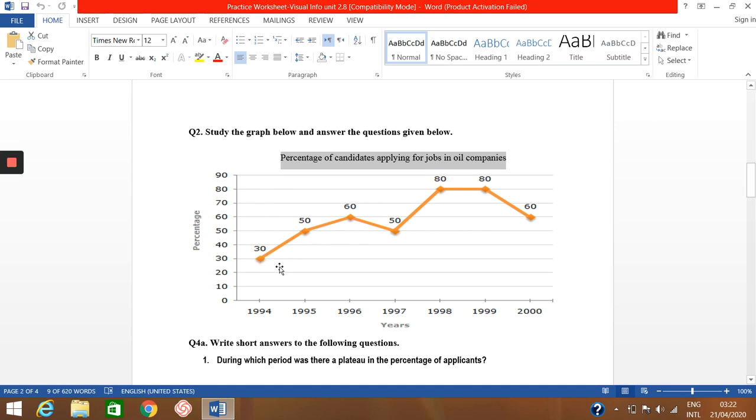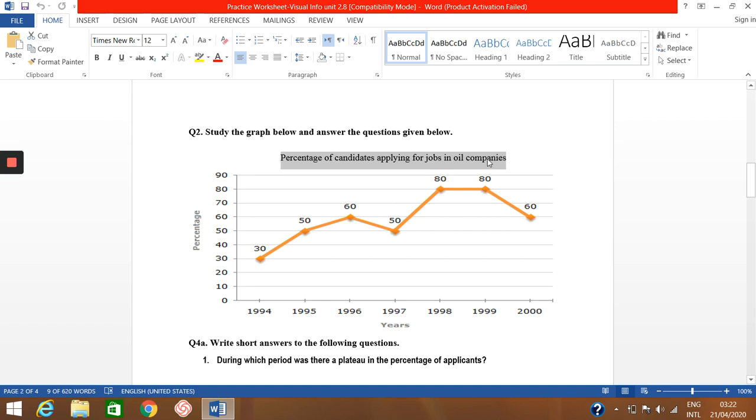I mean, you have to describe it. It's a line graph. It's not a table. This line graph, let's say, use, for example, the verb shows, or displays, or illustrates the percentage. You need to add the definite article the here. The percentage of candidates applying for jobs in oil companies.